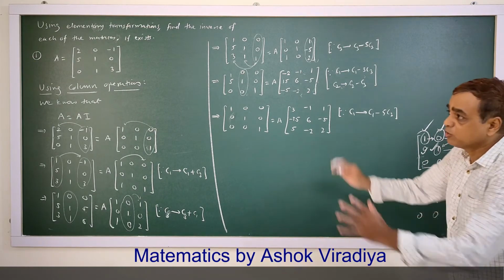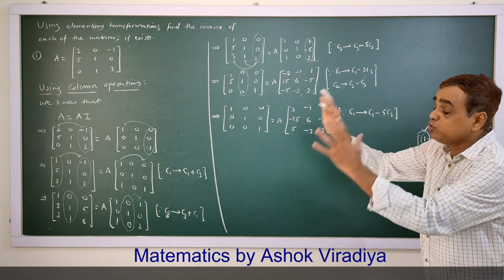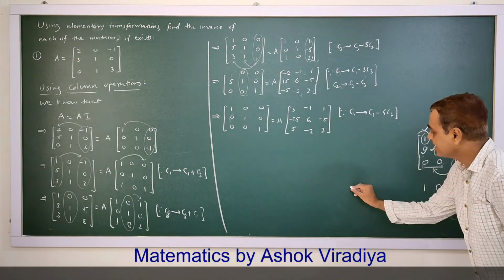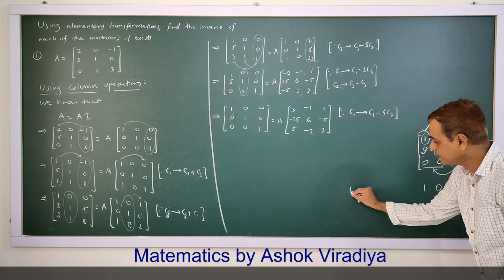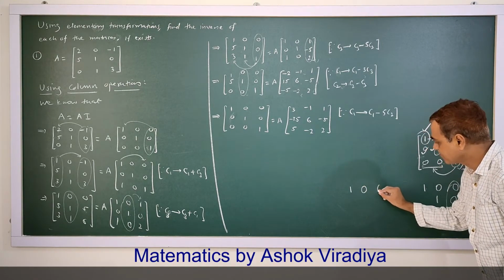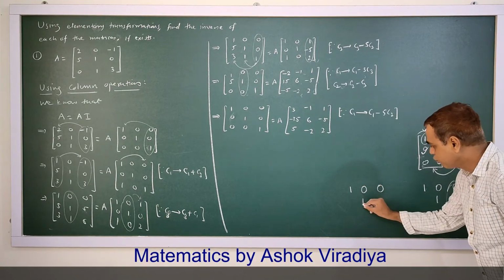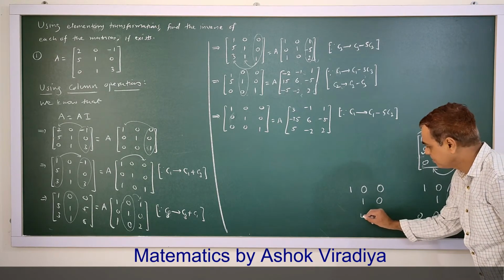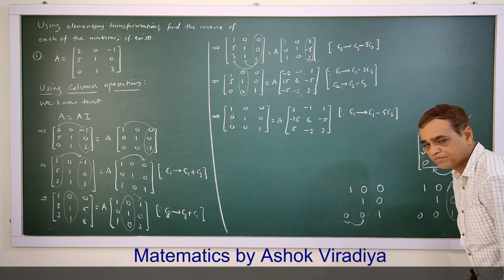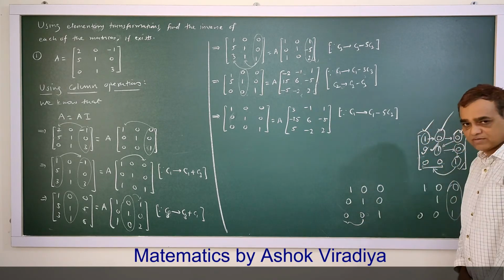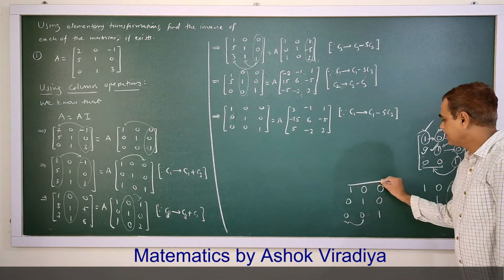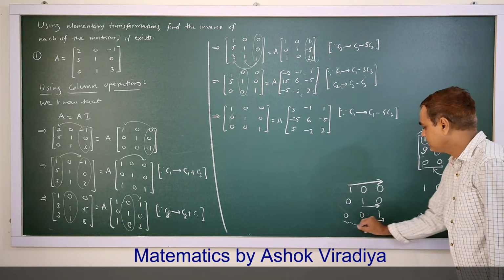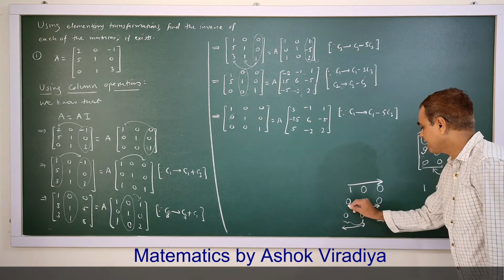So using column operations, on the left hand side, we are getting digits in this sequence. 1, then second step, third step, fourth step, fifth step, sixth step, then seventh step, then eighth step. This way. Then these 2 zeros and a last step.